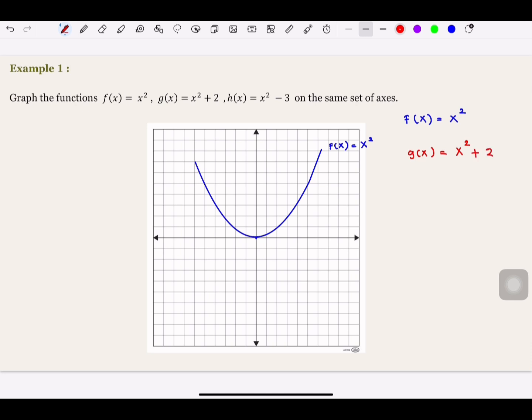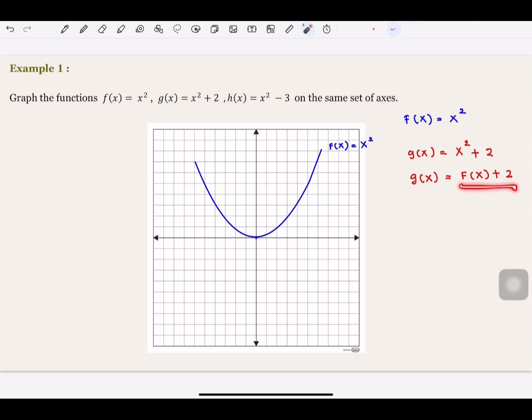Okay, so first of all, you have to identify this as a vertical shift. It's because g of x can be written as f of x plus 2, because over here we have taken x squared as f of x, and here I just replace x squared by f of x, and now you can write your g of x as f of x plus 2.